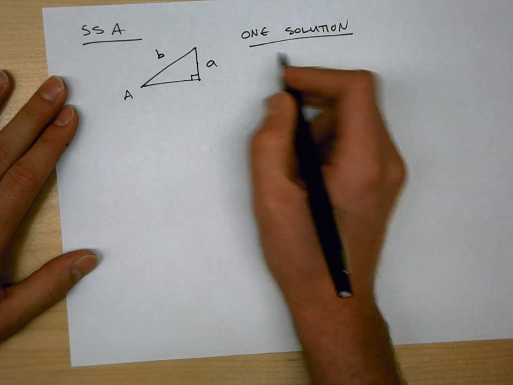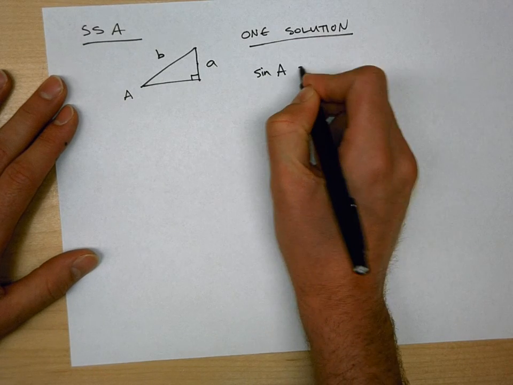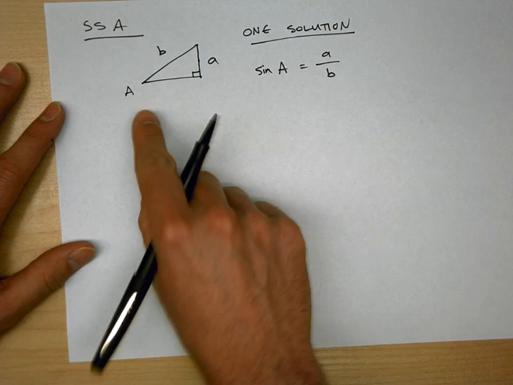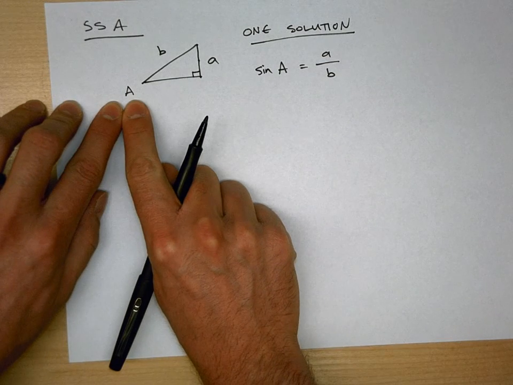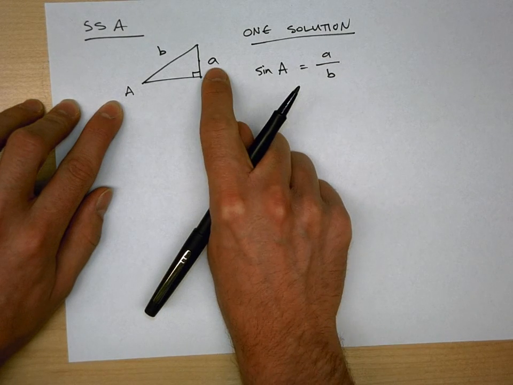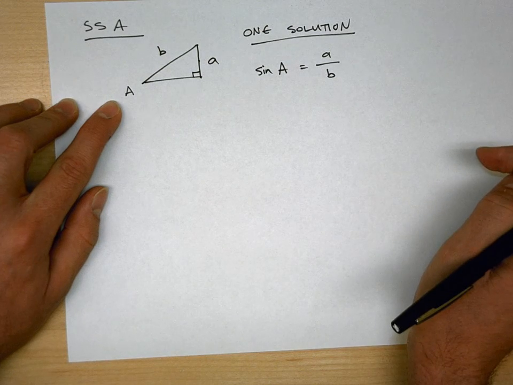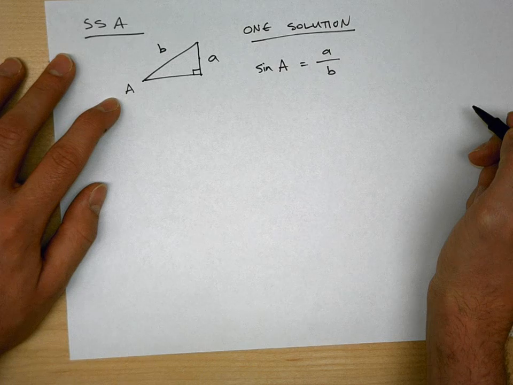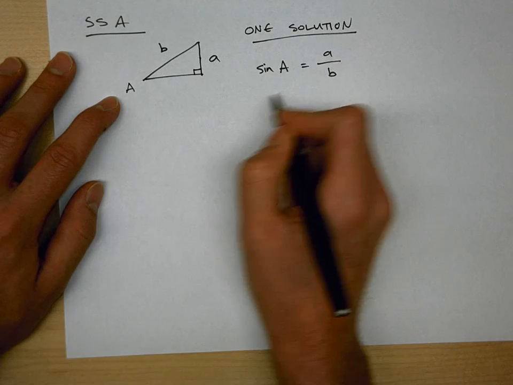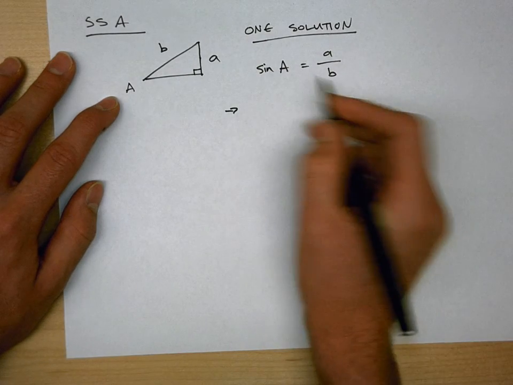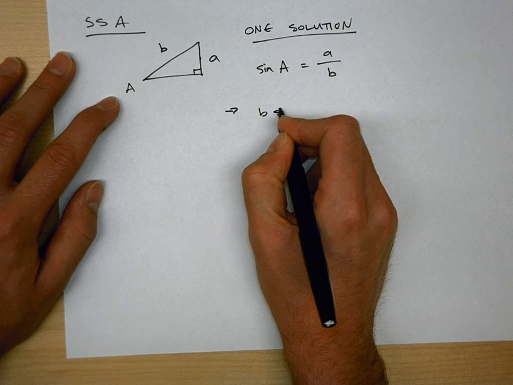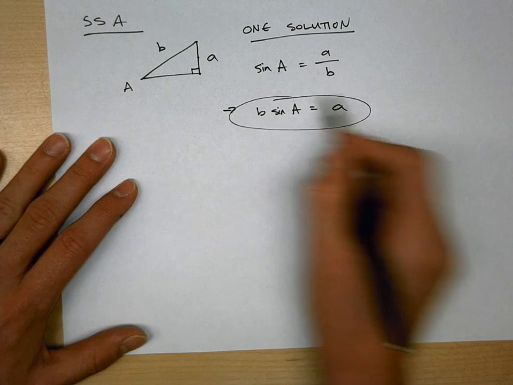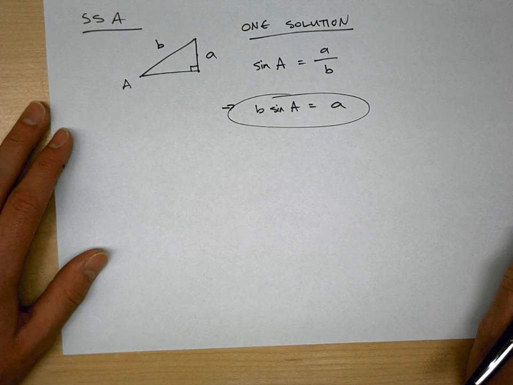So this is going to be the case where sine of A is equal to a over b. Now, in a right triangle, we know that the sine of an angle is the ratio of the opposite divided by the hypotenuse. So sine of big A is equal to little a over little b. We could also do some algebra here, and we'd get b sine A equals a. So this is the case where we're going to have exactly 1 solution.